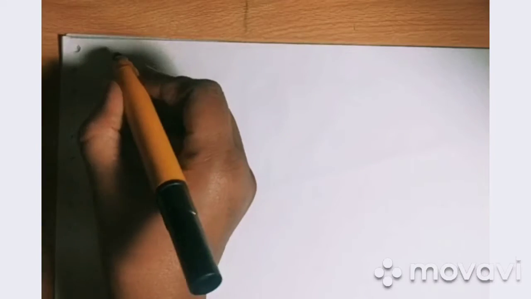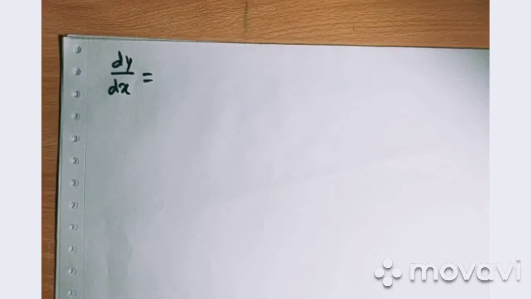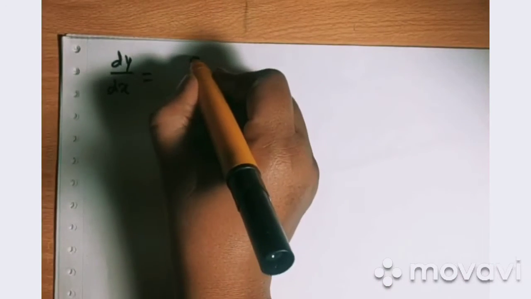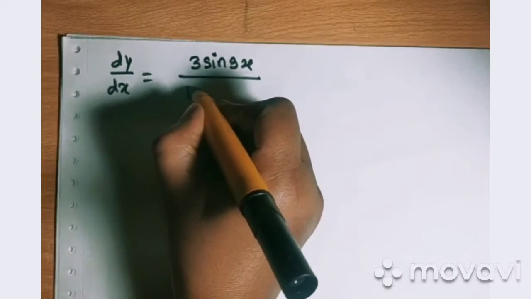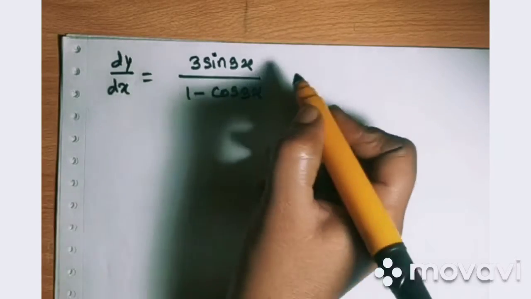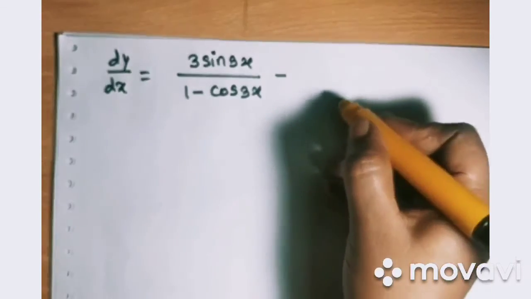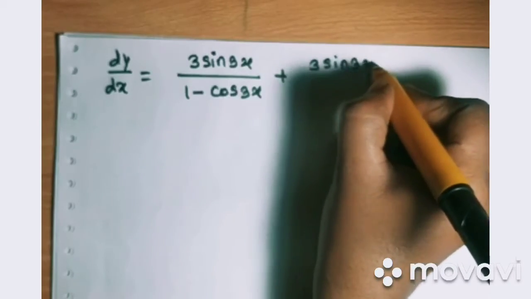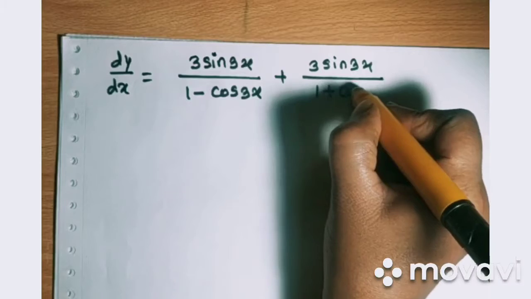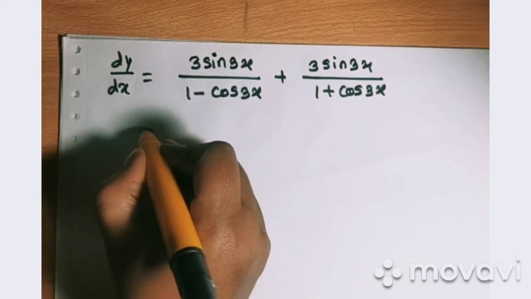That is, dy by dx is equal to 3 sine 3x divided by (1 minus cos 3x), minus, and the minus sign of the sine 3x becomes plus, 3 sine 3x divided by (1 plus cos 3x).